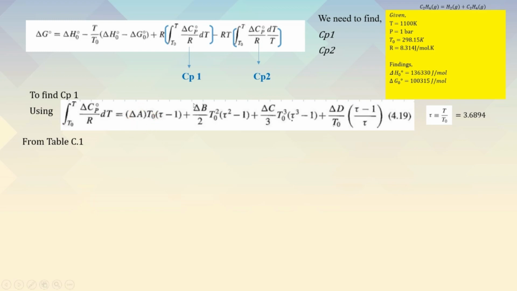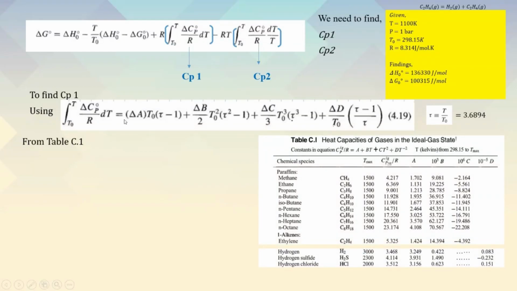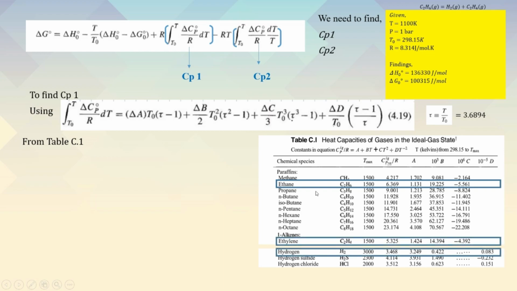The del A, del B, del C, and del D can be obtained from table C.1 in the appendix of our reference book. So let's refer back to the equation we have for this reaction. The reactant is ethane, the product is hydrogen and ethylene, as mentioned previously. So let's highlight the values of these three chemical species.